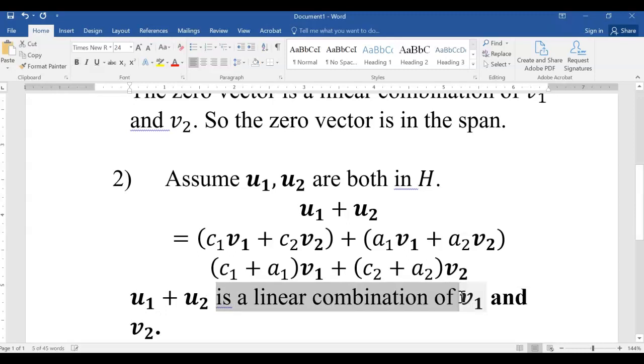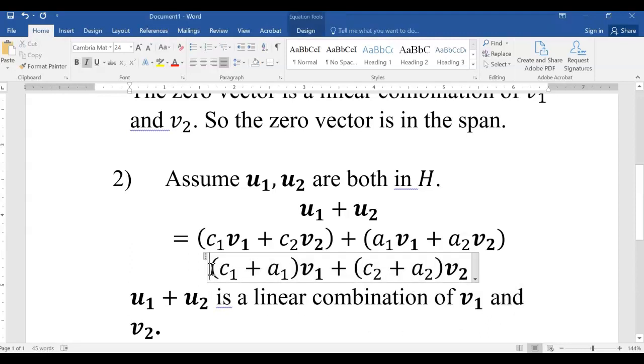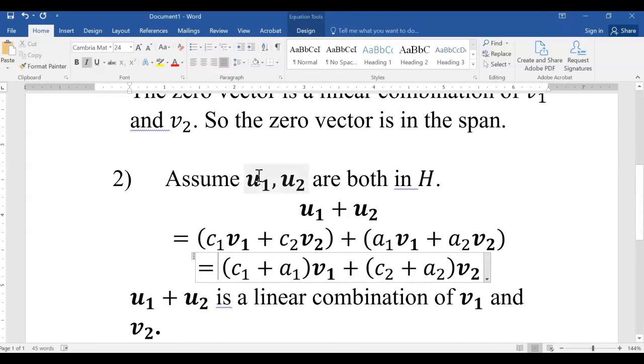So if u1 is in H and u2 is in H, then their sum is in H. Therefore, this H is closed under addition.